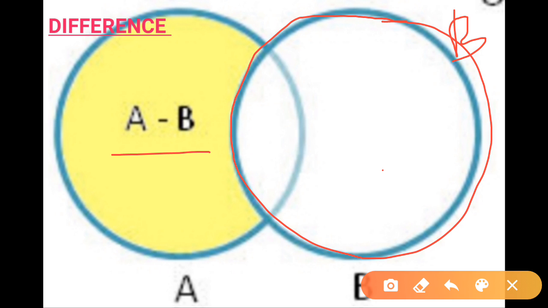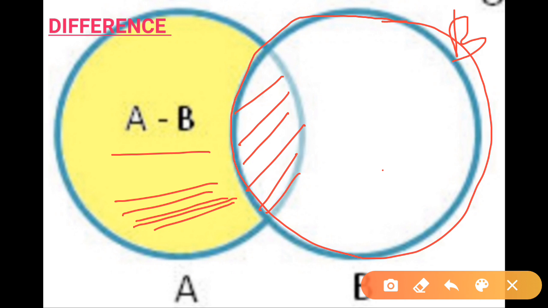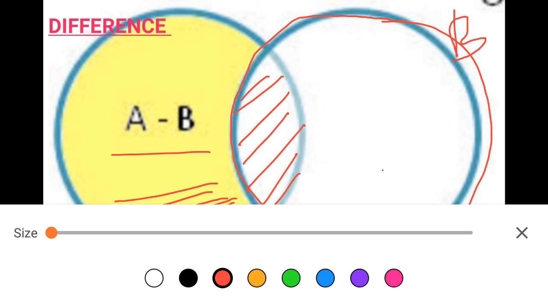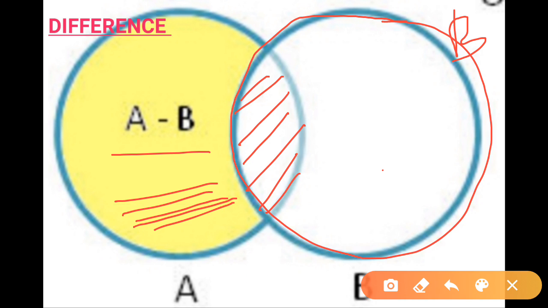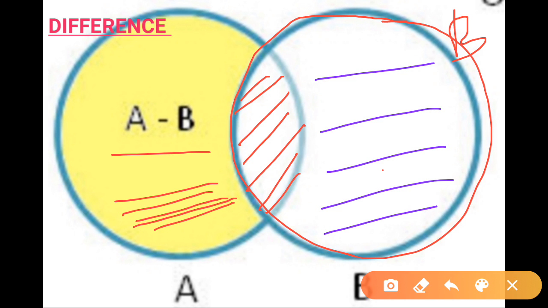This yellow shaded part is called A minus B. This part is called A intersection B, and this part is called B minus A. So this is a very important diagram for A minus B, B minus A, and A intersection B, right?